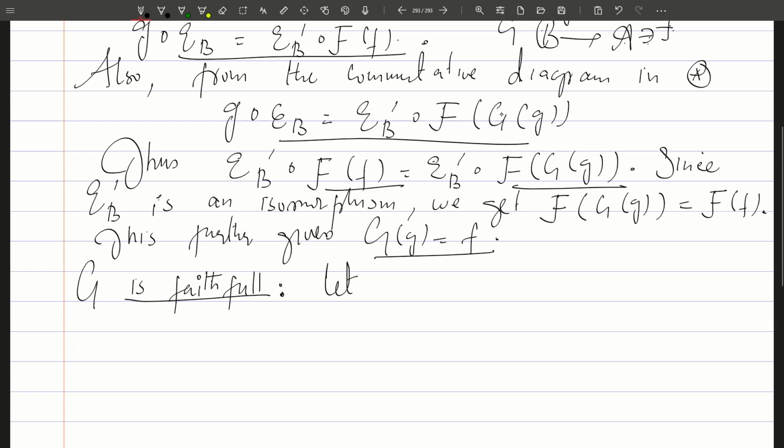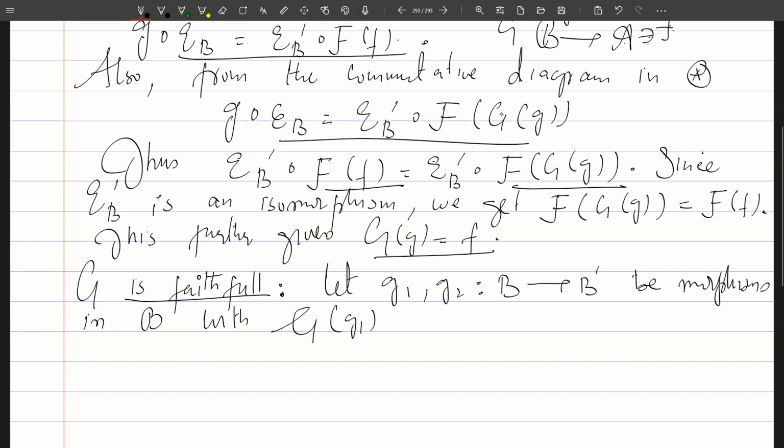So let g1 and g2 be two morphisms from B to B prime in the category B such that G of g1 is the same as G of g2. So we have to show g1 is equal to g2.